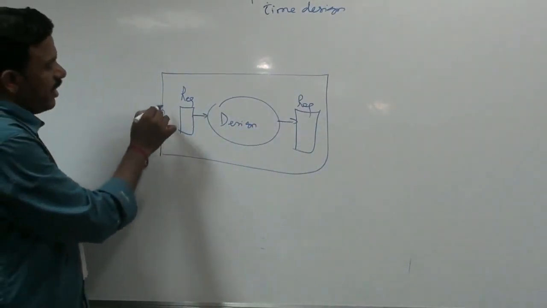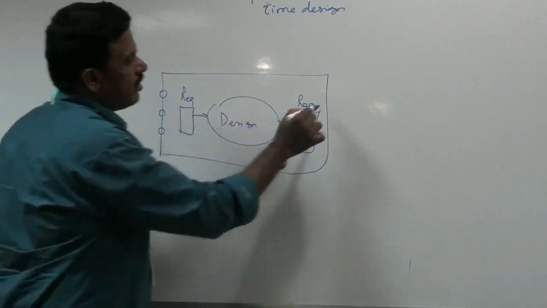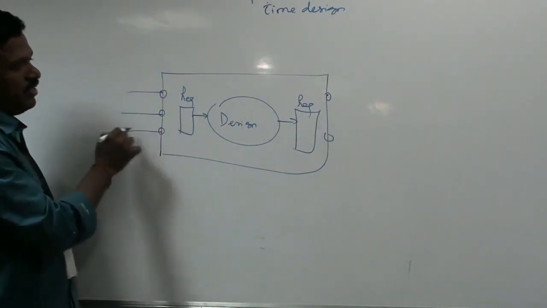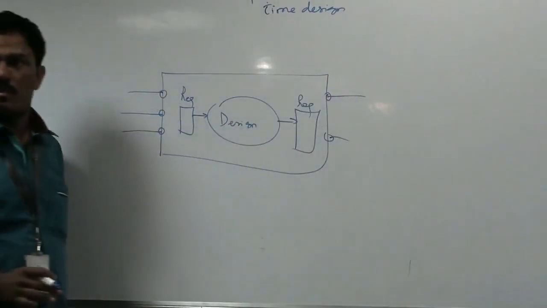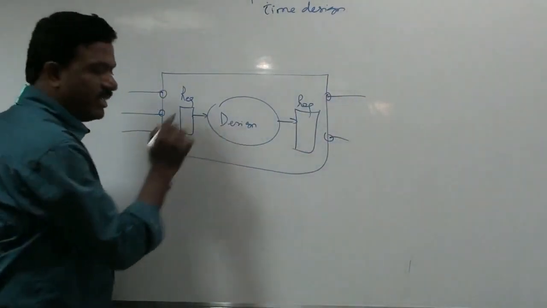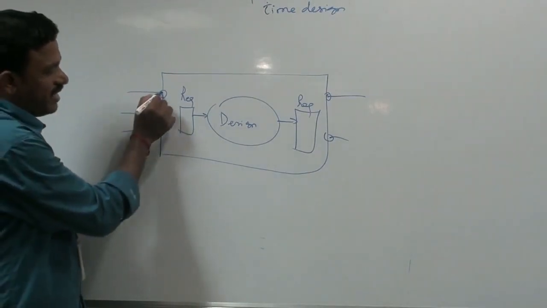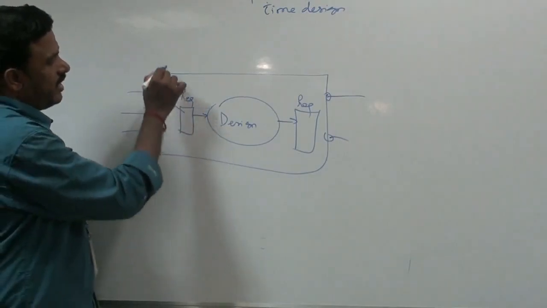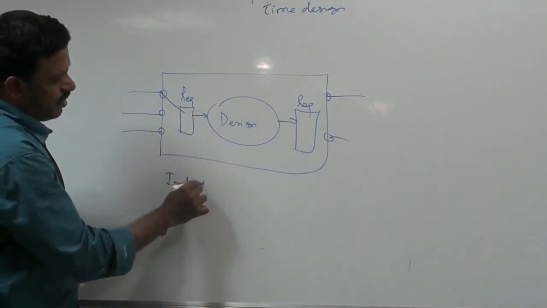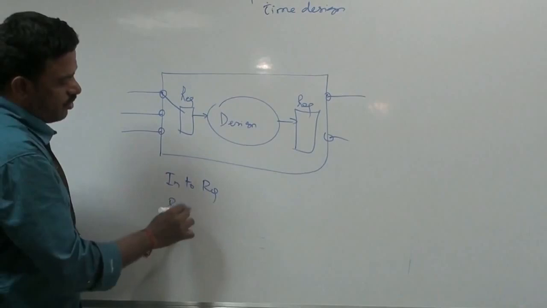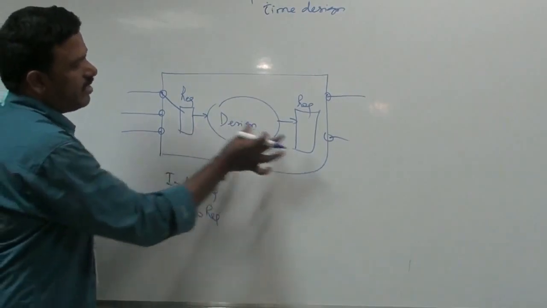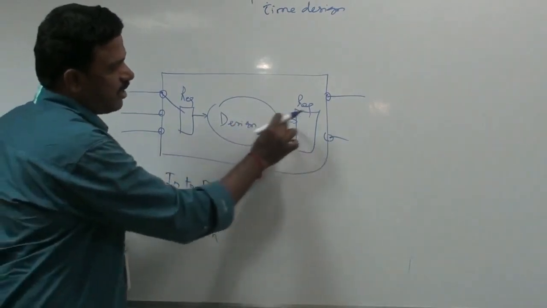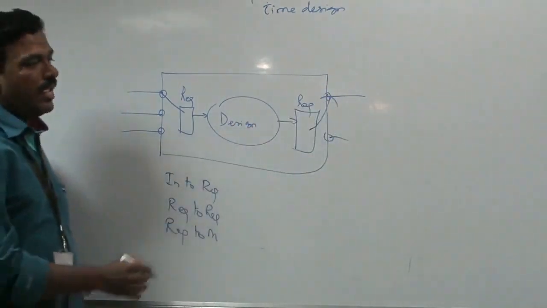That is, you have inputs and outputs, right? This is in 0, in 1, sum, carry. Okay, I have a design. So your design is divided into input to reg path, reg to reg path, that is register to register path, and register to output path.